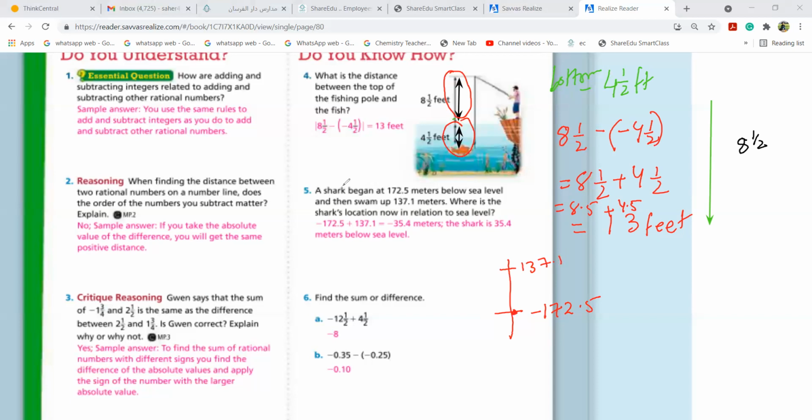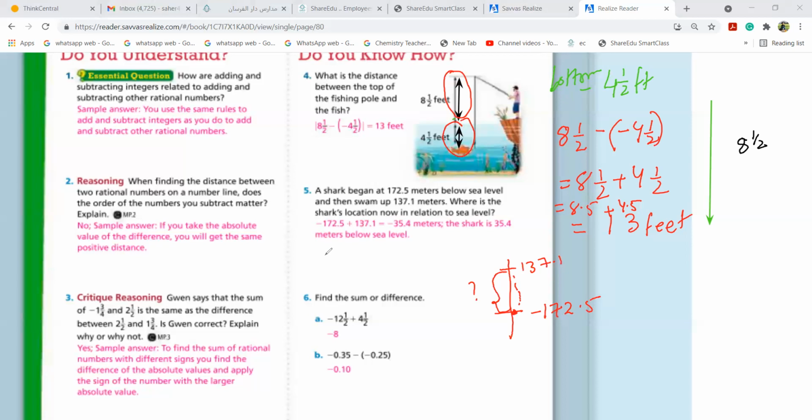Okay. A shark began at 172.5 meters below sea level. Girls, when you come down to sea level, below means minus 172.5. Then from there, the shark swam up 137.1. Now they're asking you this distance.